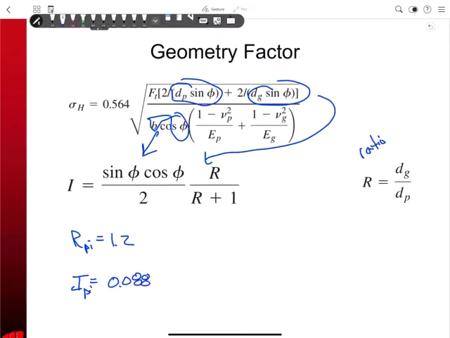That's all dimensionless. And then the R for the idler gear interface is going to be 2.88. And that leads to an I for the idler gear interface of 0.119.